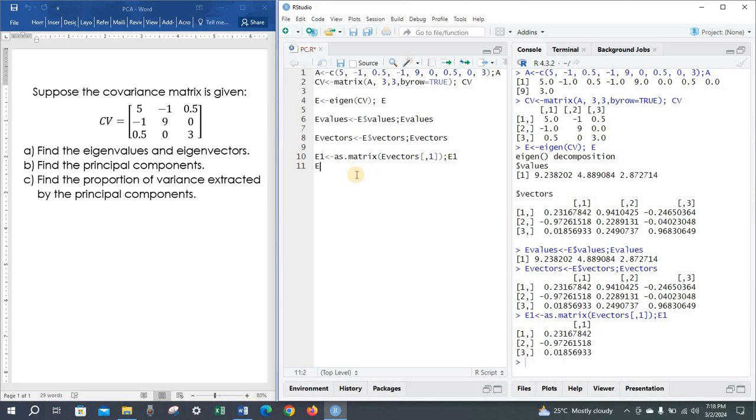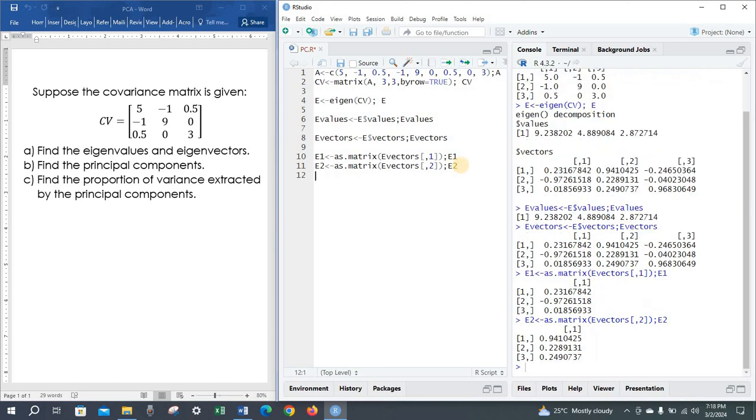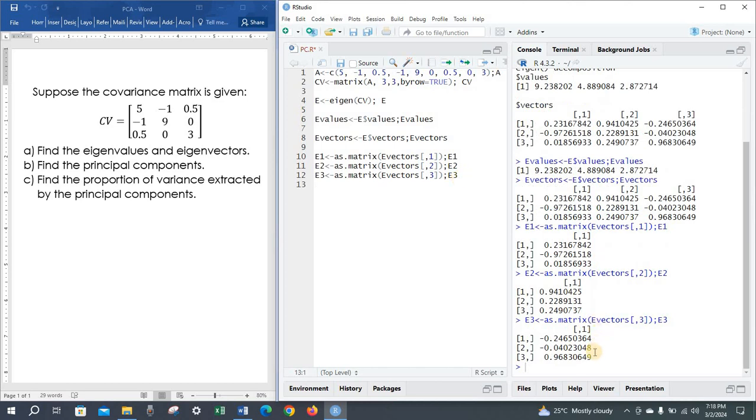Now you can extract eigenvector 2. Also you can extract eigenvector 3. See, the 3 eigenvectors are extracted here.